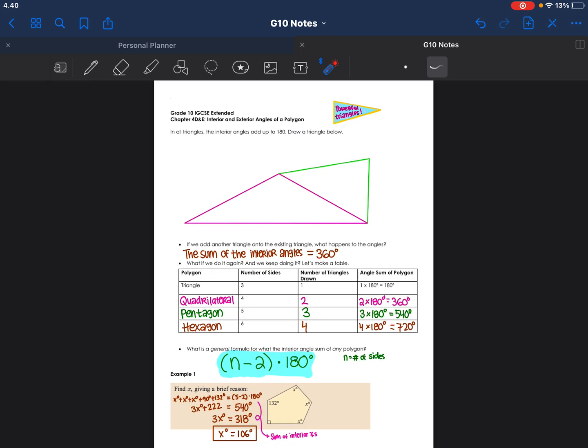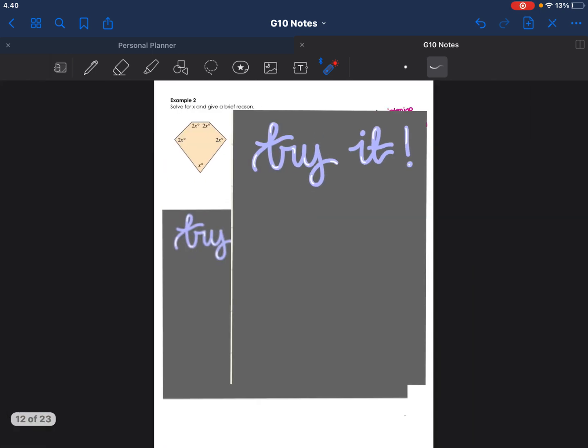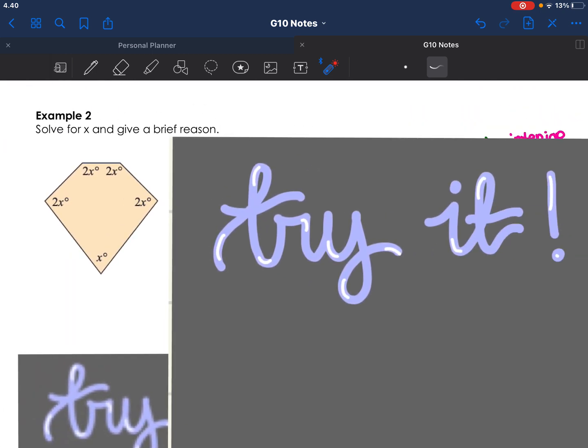All right, so let's move on to the next one. Okay, this is a weird looking polygon here. So solve for x and give a brief reason. Go ahead and do that on your paper. Okay, so I hope you wrote all of these numbers and added them all up together to equal, let's count, 1, 2, 3, 4, 5 sides.